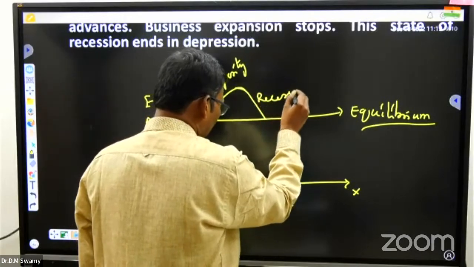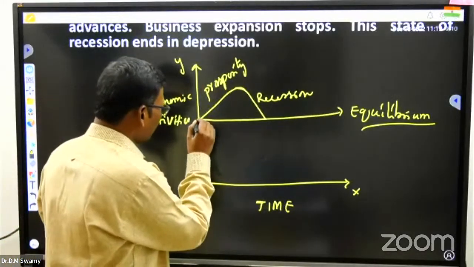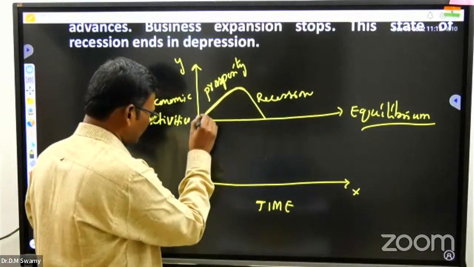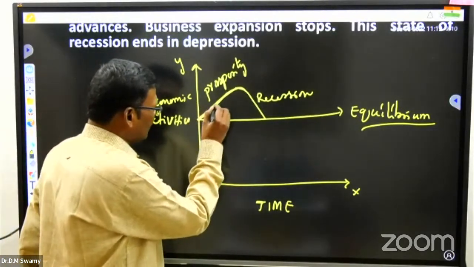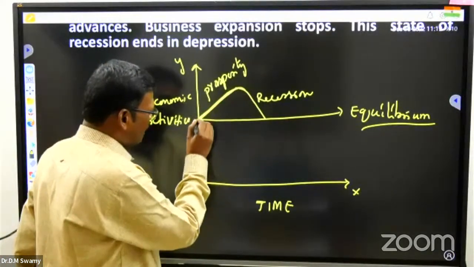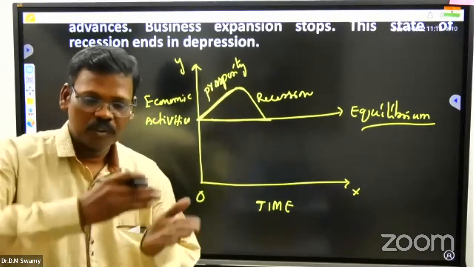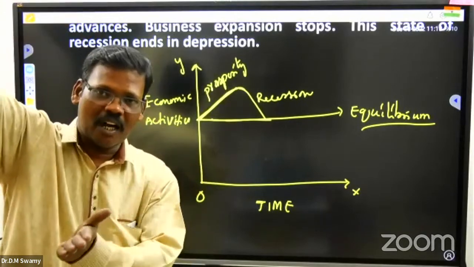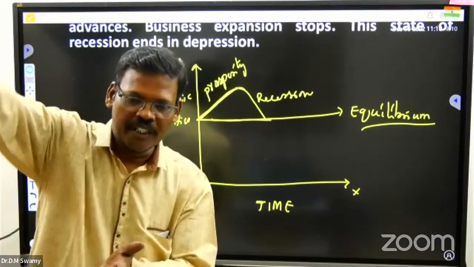Okay, recession. Please understand here, during the prosperity stage, all the economic activities are above the equilibrium, and they are increasing gradually, increasing slowly.